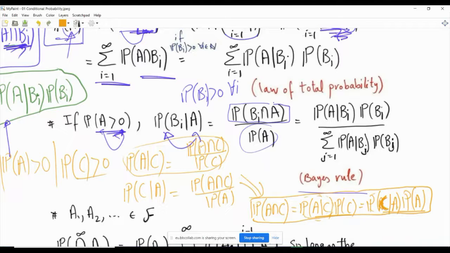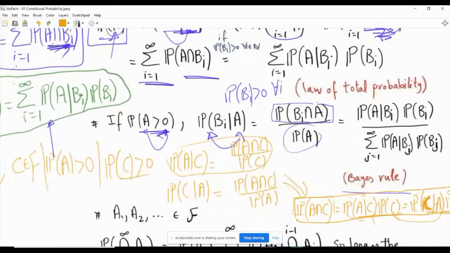When you're trying to solve a problem, you will experiment, and if something seems intractable, you just switch to another strategy or another trick. So the probability of A given C multiplied by the probability of C, or the probability of C given A multiplied by the probability of A, are the same, and they are equal to the probability of the intersection.